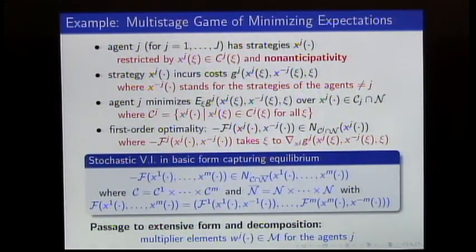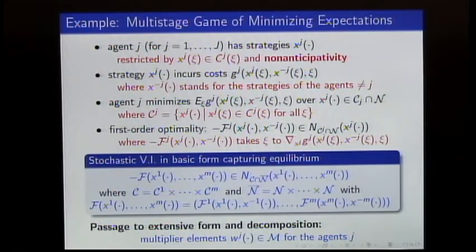And here would be an example of such a game. For each agent, the agent is going to solve an optimization problem with a response function xj, and it'll involve an underlying set cj for each scenario. And there will be nonanticipativity for that agent.